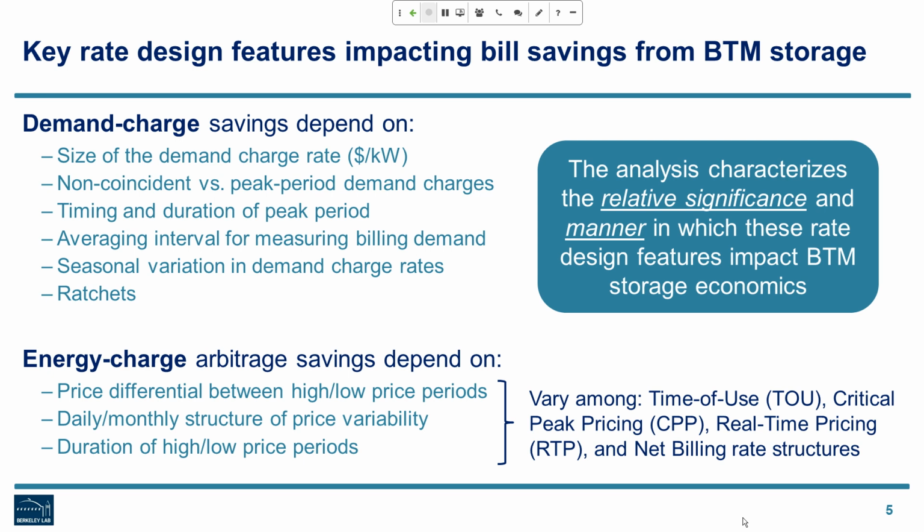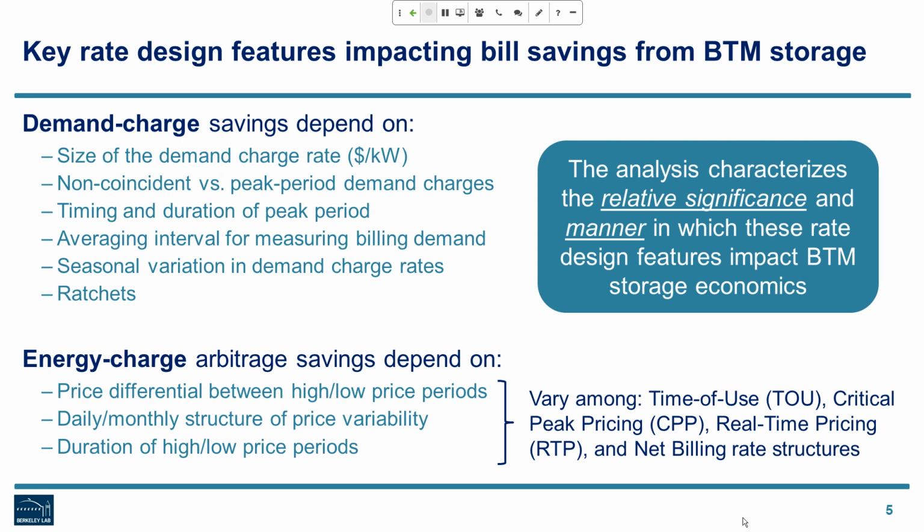Other factors that can affect how effectively storage can reduce the demand charge include the timing and duration of the demand charge peak period, the averaging interval for measuring billing demand, any kind of seasonal variation in demand charge rates, and finally ratchets, which effectively set billing demand to be at least some percentage of the last 12-month peak demand.